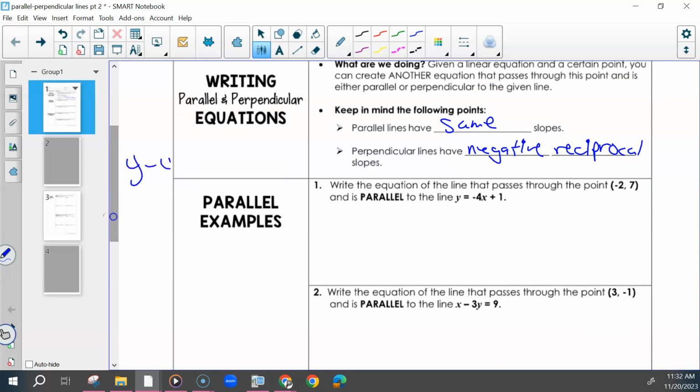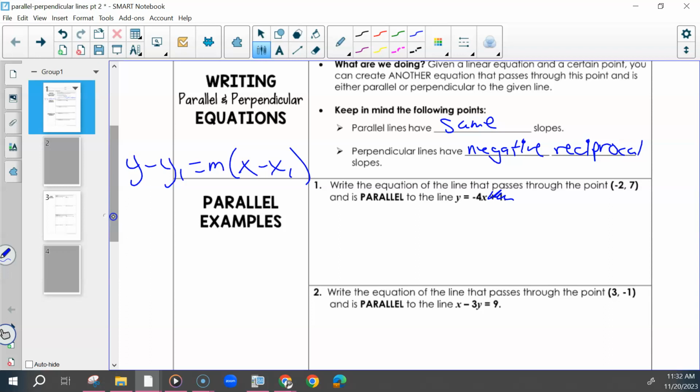Our y minus y1 equals m times x minus x1. So, in this example, we're given some equation. It tells us our new equation is going to be parallel, and it goes through this point. Cross out the y-intercept of this. You don't need it. It will just confuse you.